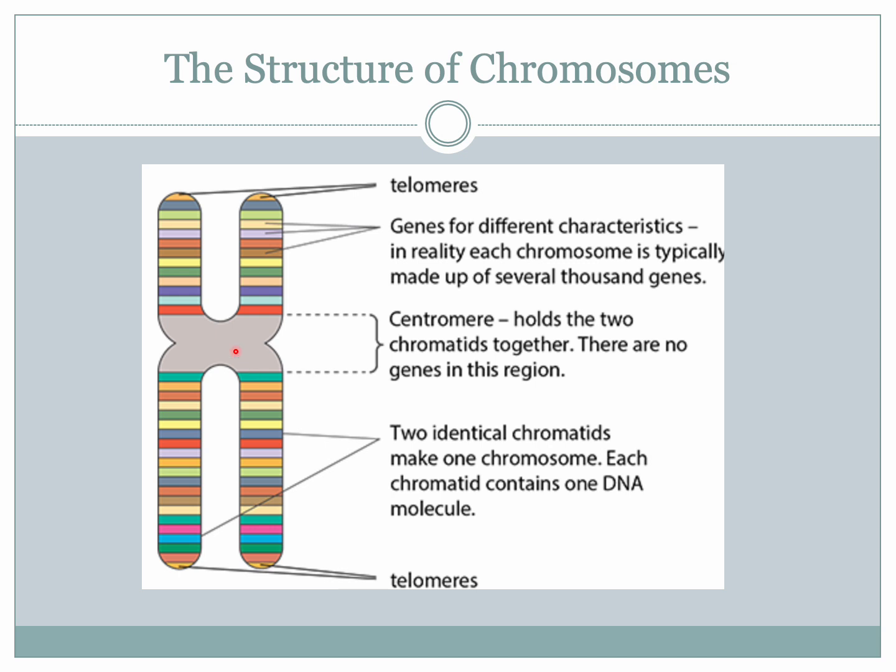It could be anywhere along the length, but its position is characteristic for a particular chromosome. You also have your telomeres, which are at the ends. And then the genes for different characteristics. Each one of these is representing different genes.